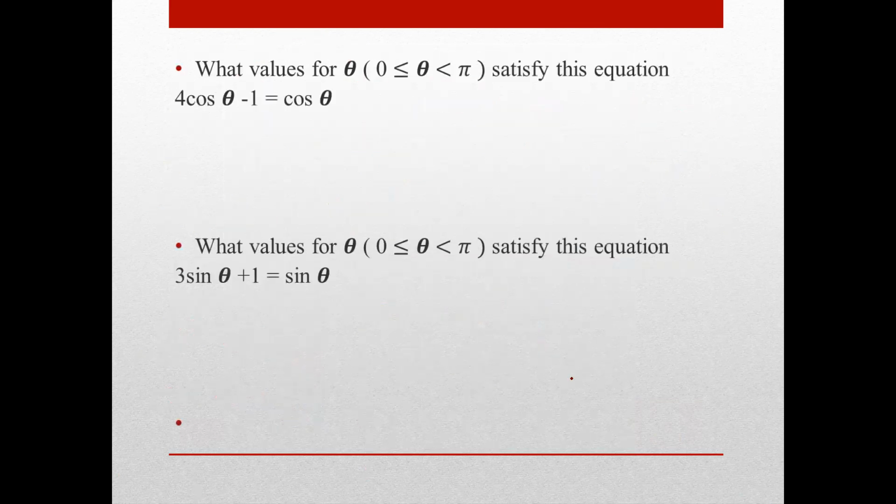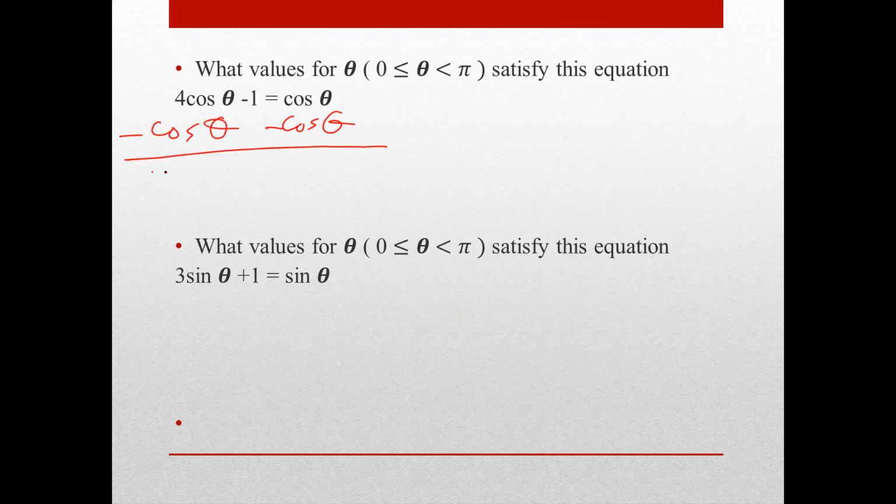Now, what values of theta from 0 to pi satisfy this equation? 4 cosine theta minus 1 equals cosine theta. Now, for this one down here, first step, minus cosine theta, minus cosine theta.